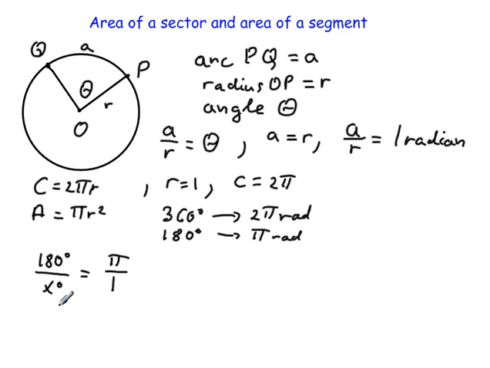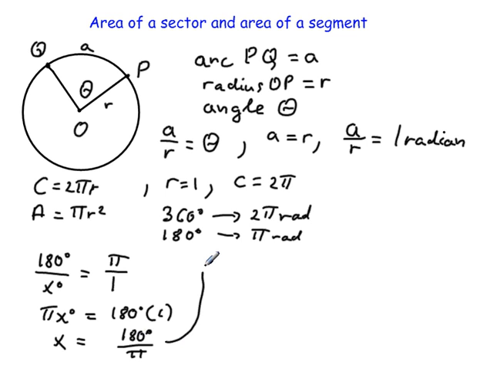So now I have a proportion here to work with. Find x from it. So cross multiply. So pi x degrees will be equivalent to 180 degrees times 1. So solve for x. So x will be 180 degrees divided by pi.